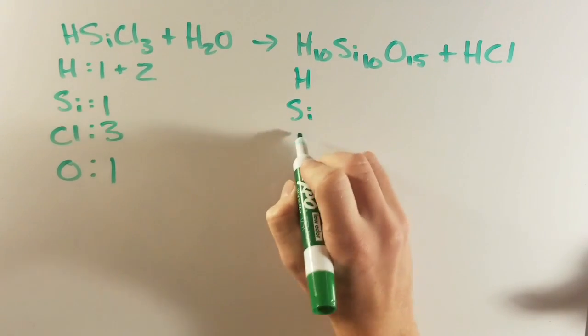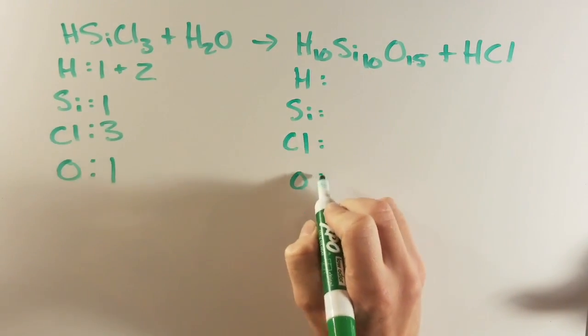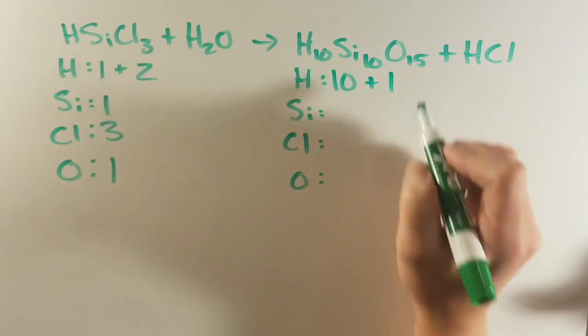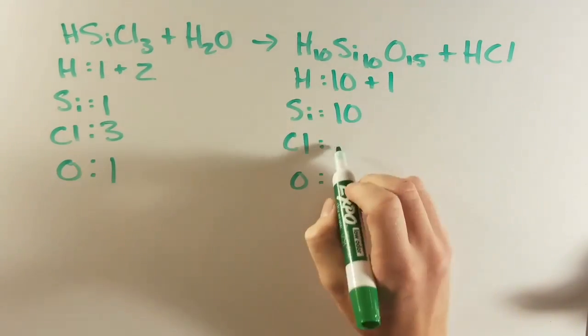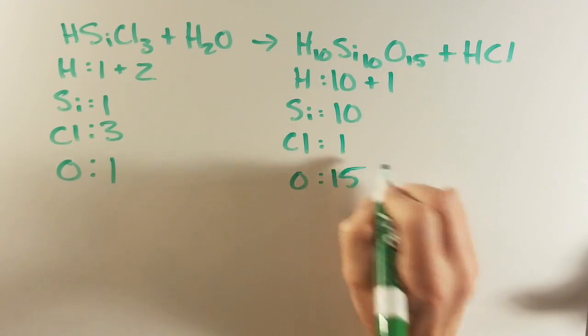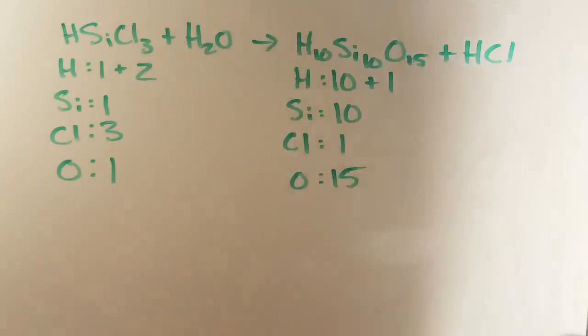Again, on the product side, we have 10 plus 1 hydrogen. Silicon, we only have 10 in this molecule. Chlorine, we only have 1 in our HCl. And oxygen, we have 15. Okay, so we did step 1.